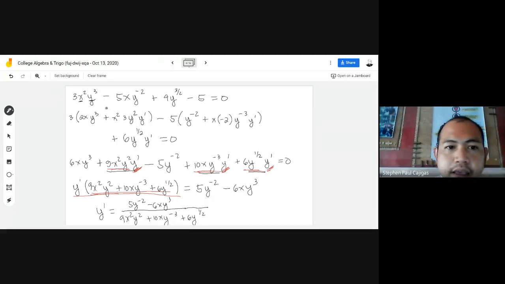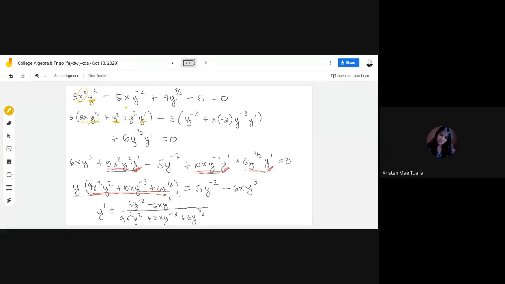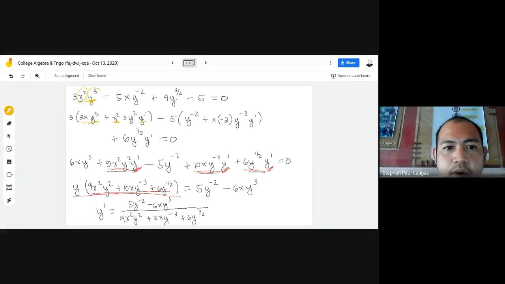Yes, again, if we are going to get the derivative in y, we put y prime. So here there is no y prime because what we are getting the derivative of is x squared. The derivative of y cubed is 3y squared.